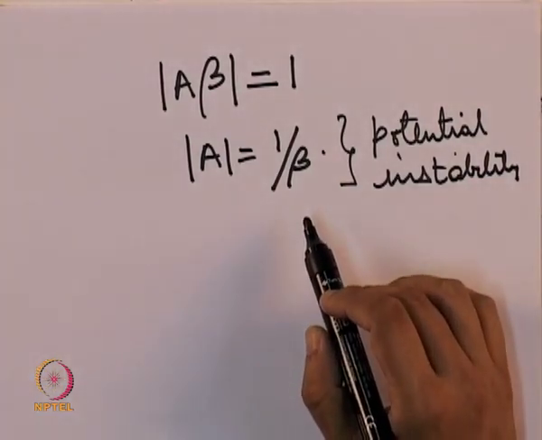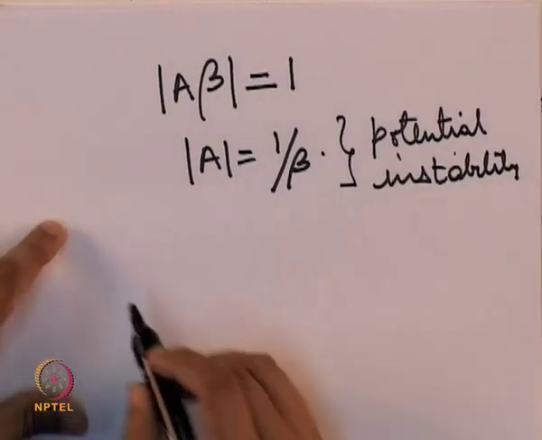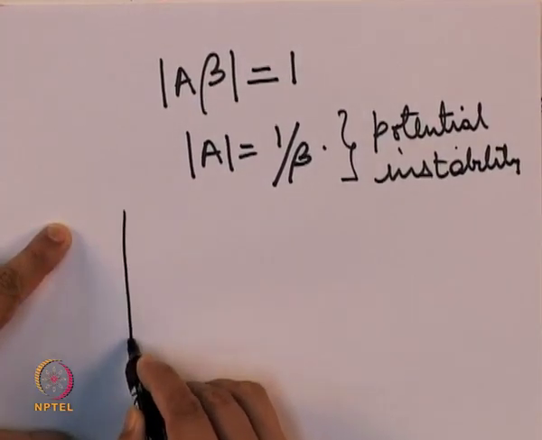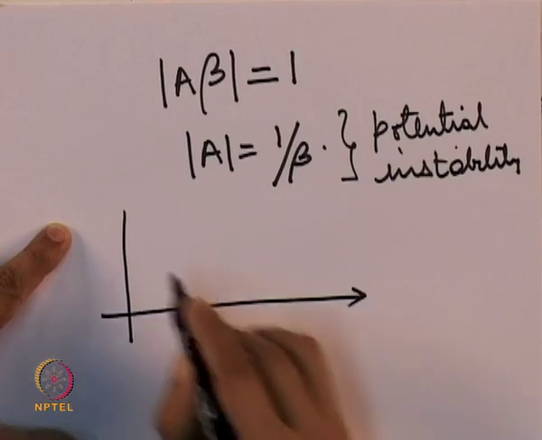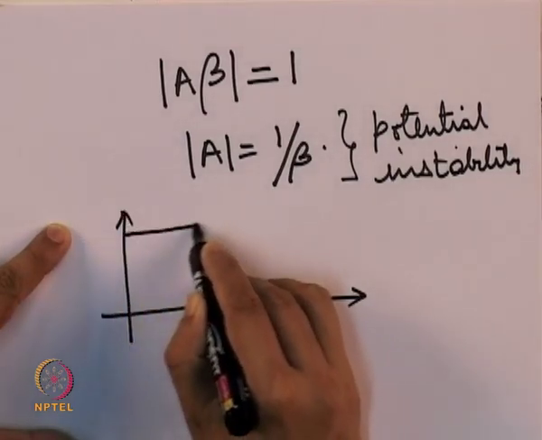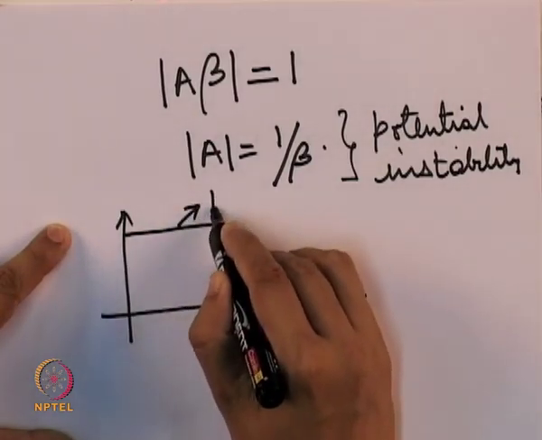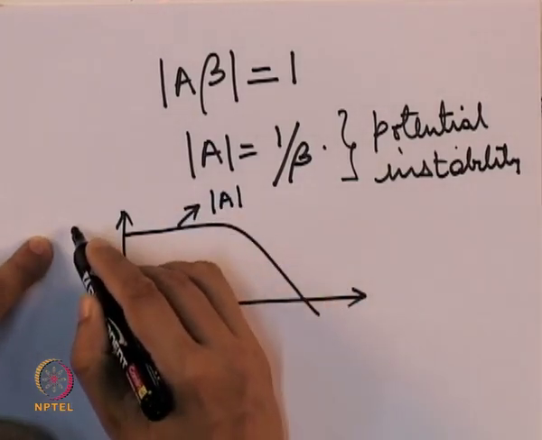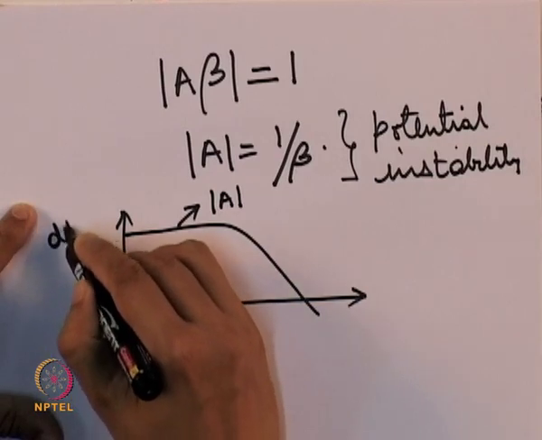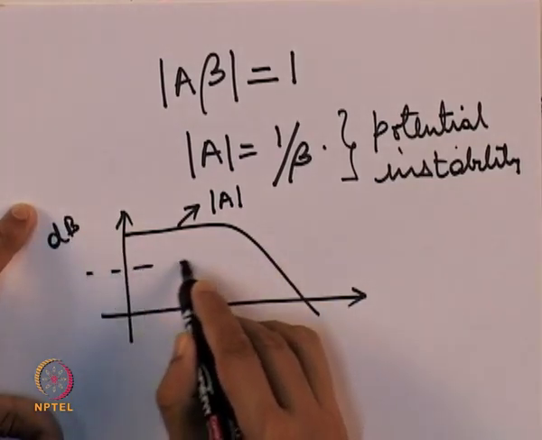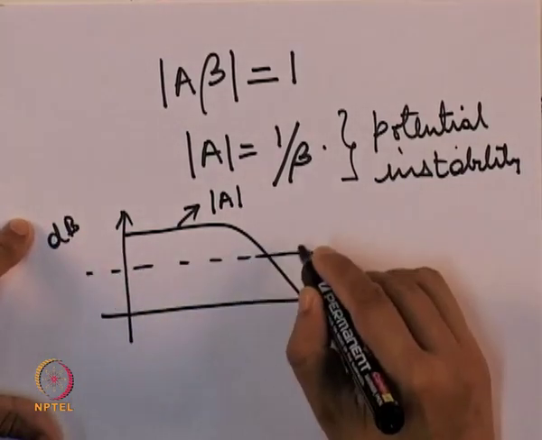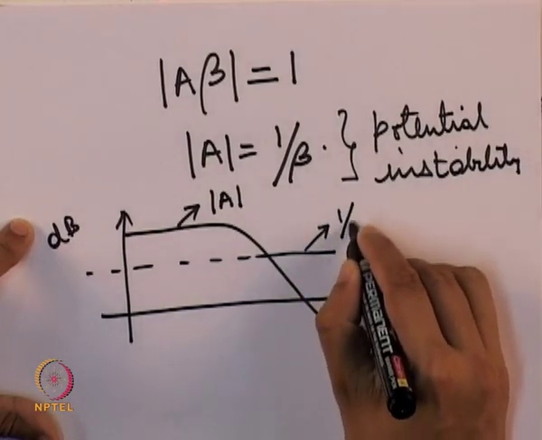So if I have a plot like this, then say this is my magnitude of A plot, okay, this is in dB, and this represents my 1 upon beta.